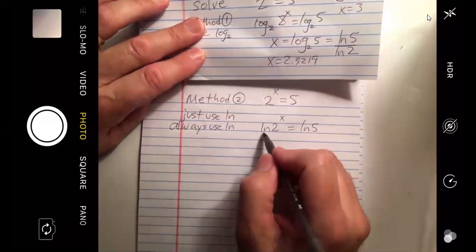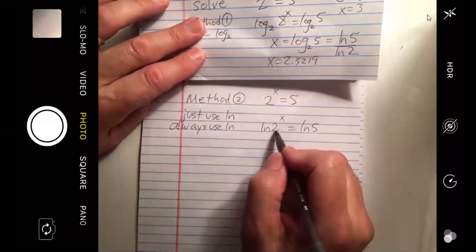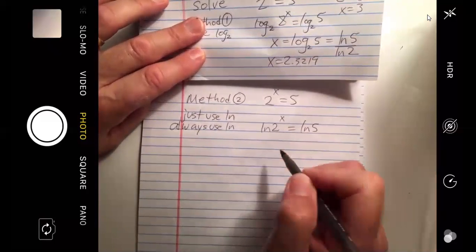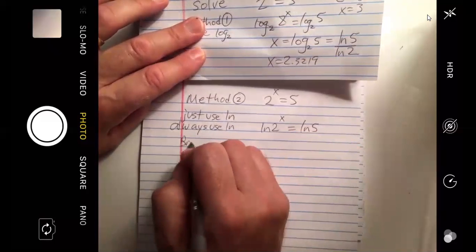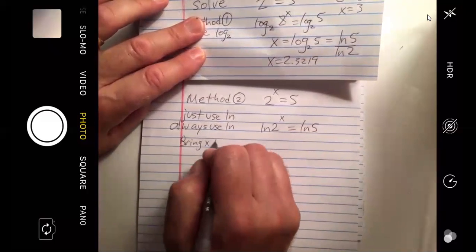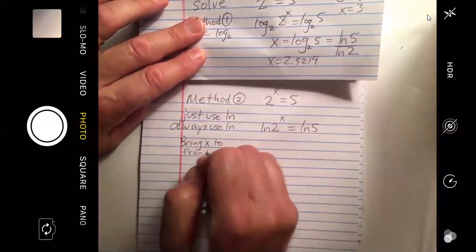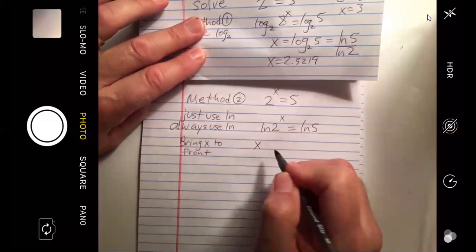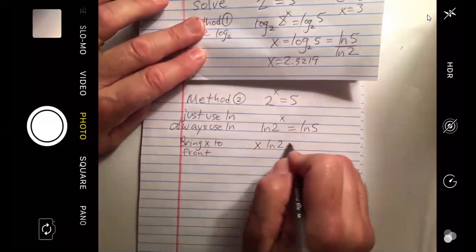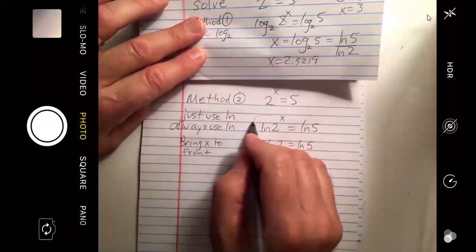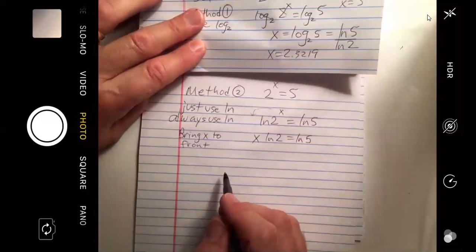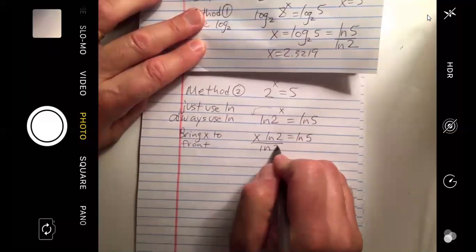Now the ln is base e, 2 is not base e. These do not directly cancel. But by law 3, bring the x to the front. x ln of 2 equals ln of 5. Now divide both sides by ln of 2.